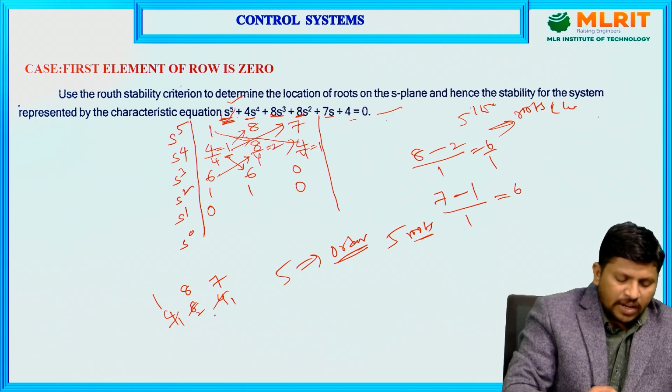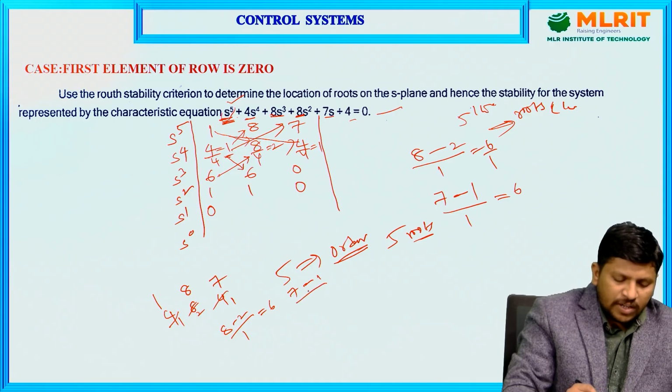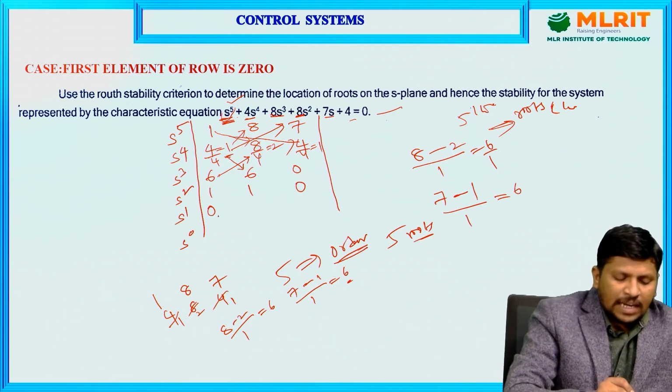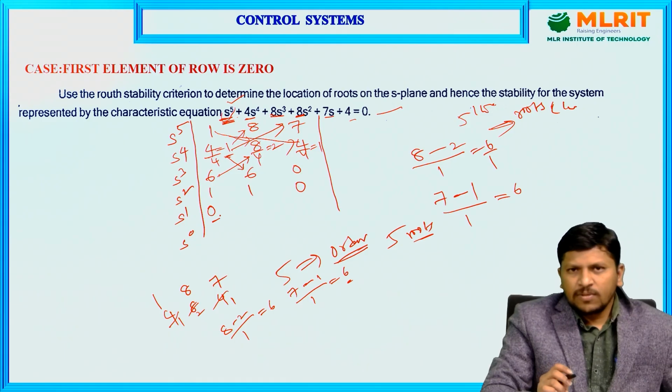So 1 and 8, 8 minus 2 divided by 1. So 6. Here 1 into 7 minus 1 divided by 1. So 6. So here 6 and 6, 0. Okay, so that's it. So the element is going to be 0.